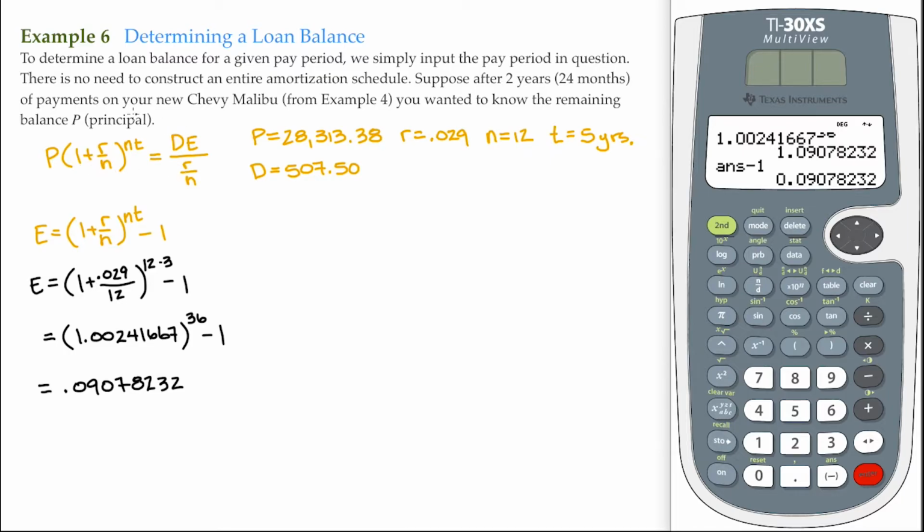Now we can go back to our installment loan, but we're going to be solving for P. This is what we started at. We want to know where we're at after 2 years of payments.